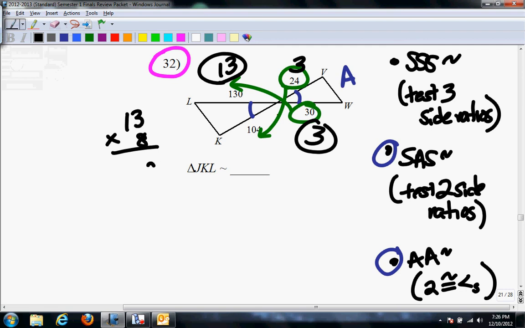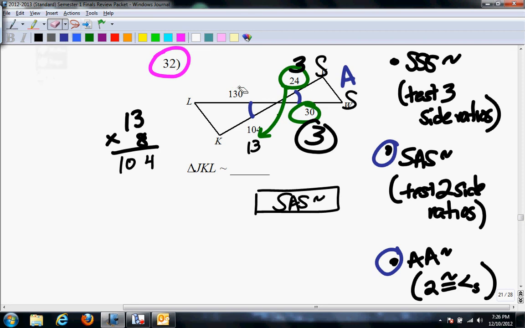So this is going to be 2, 24, so there's 4, carry the 2, and that's going to be 104. So 3 and 13 as well. So my ratios do match here. So I have side angle side similarity. So yes, they're similar.